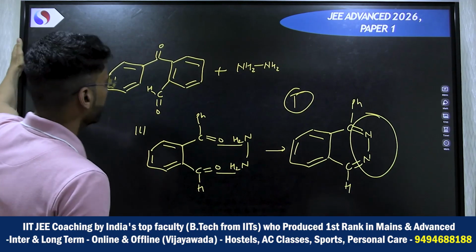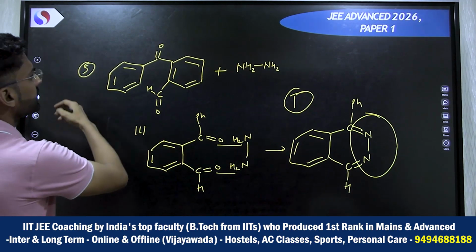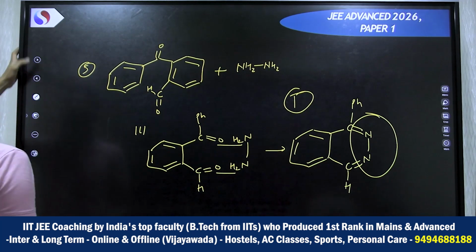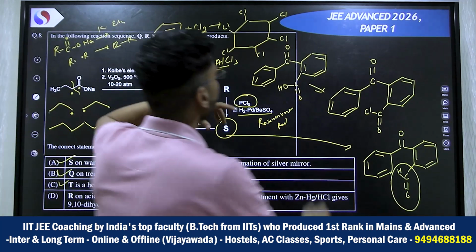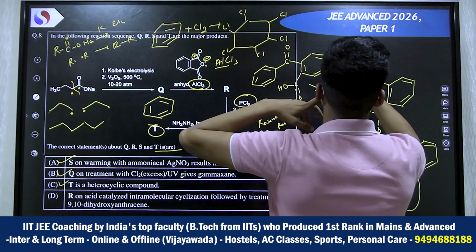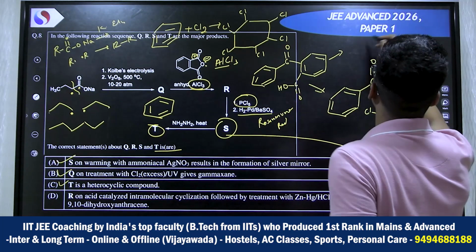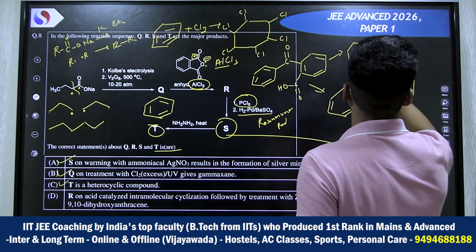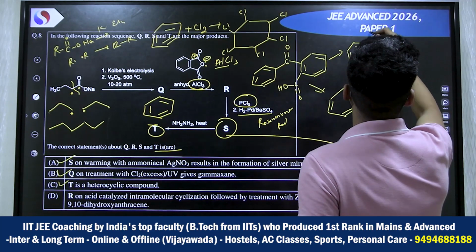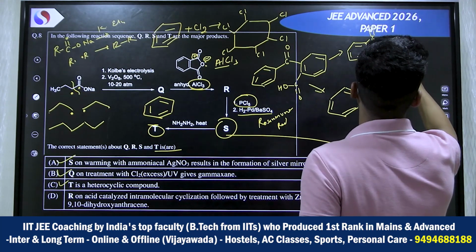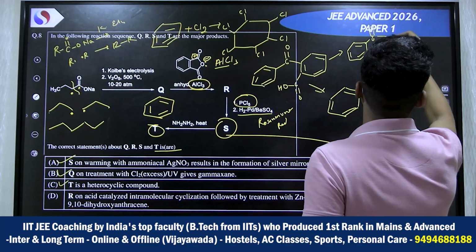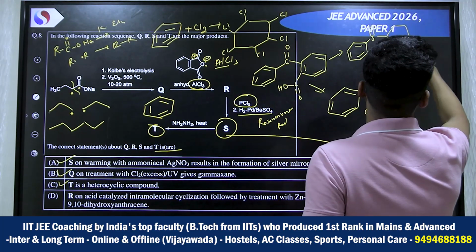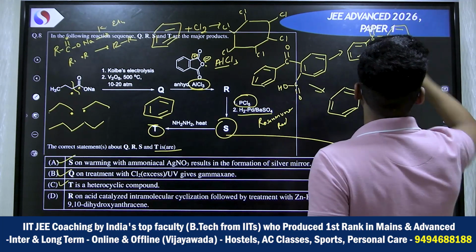Let me draw this here. If I do the cyclization of this, what will it be? It will be benzene, C double bond O, here also C double bond O, and this is again benzene.